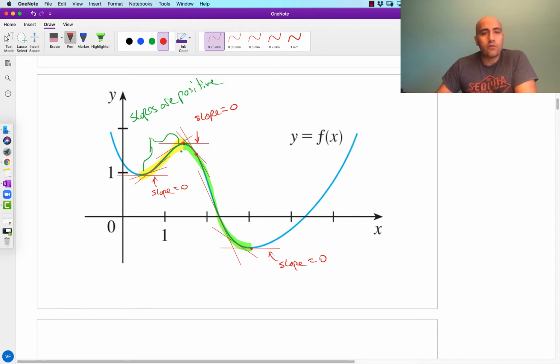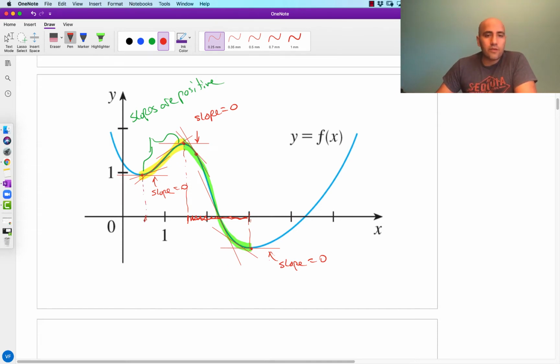So all throughout the green highlighted portion, all the slopes are going to be negative. Therefore, when I graph the derivative function in this green zone, which translates to a segment along the domain, from there to there, it must mean that in that region, the derivative is below the x-axis. The graph of the derivative will be below the x-axis.